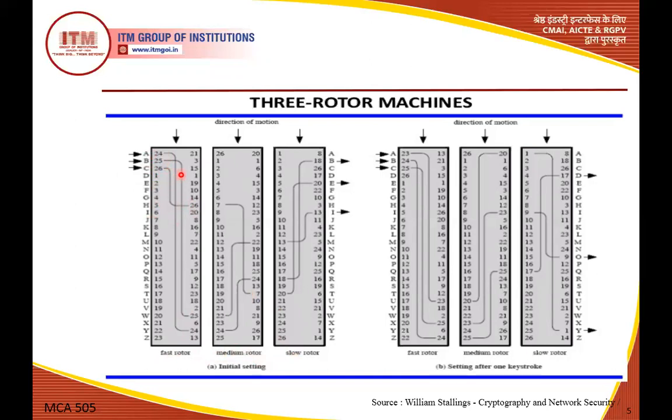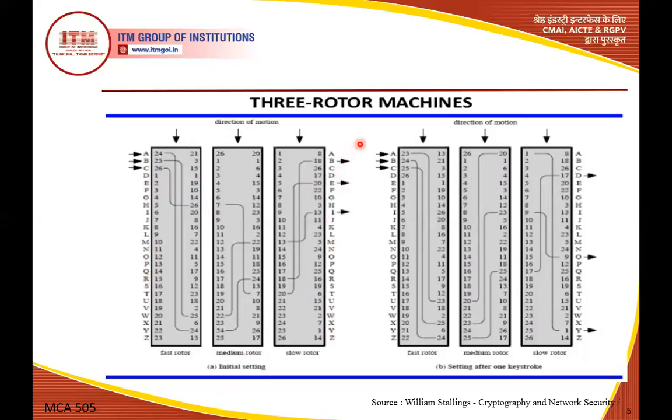In the first rotor, C is mapped to number 26, and 26 is mapped in the medium rotor to number 7. Then 7 is mapped in the slow rotor to number 20, and after that we get the ciphertext E. So for C we get the ciphertext E. This is the initial setting and the first keystroke, or first round, of the rotor machine.